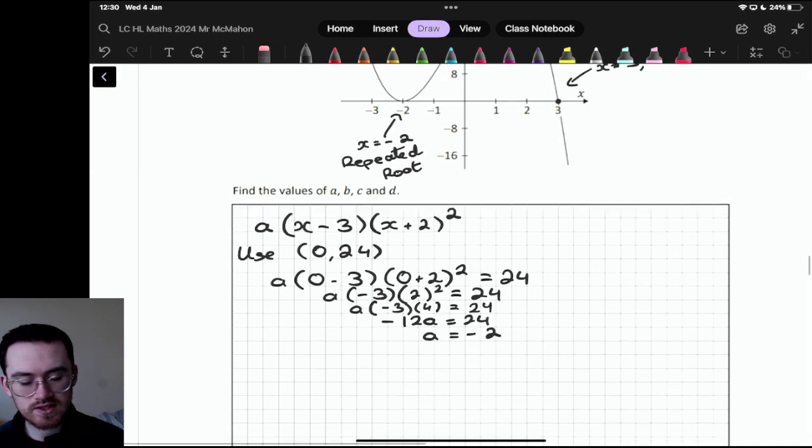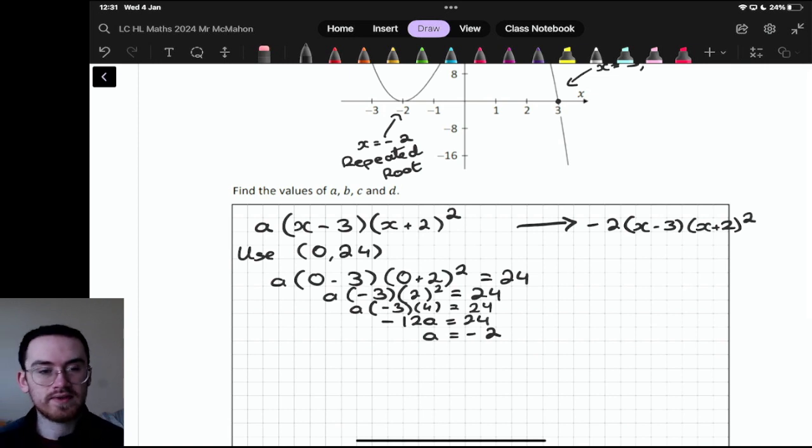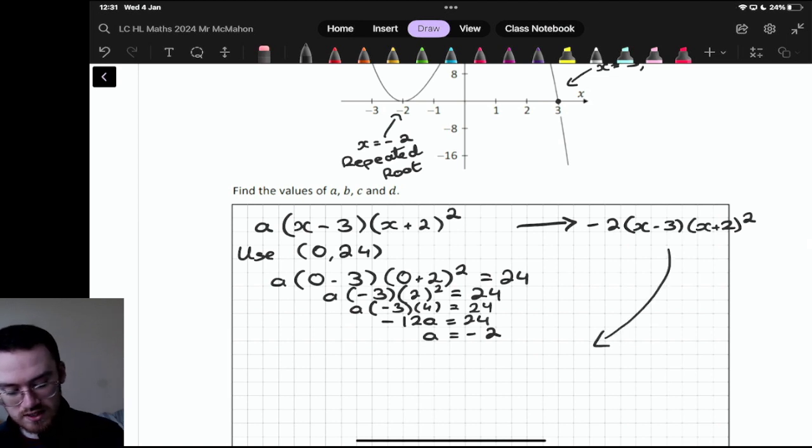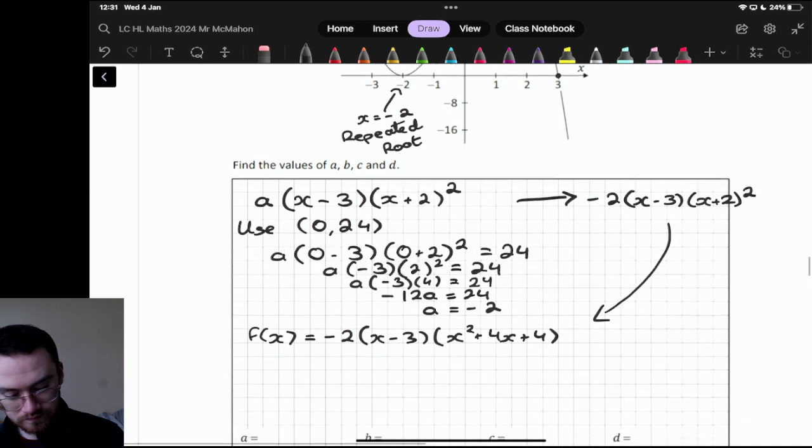All that means for us is that our general expression for this cubic is going to be this here. So minus 2, x minus 3, x plus 2 all squared. So let's just take that down here and multiply it out. We'll keep the minus 2 here, we'll keep the minus 3, and we'll multiply out the plus 2 first. So x squared plus 4x plus 4.